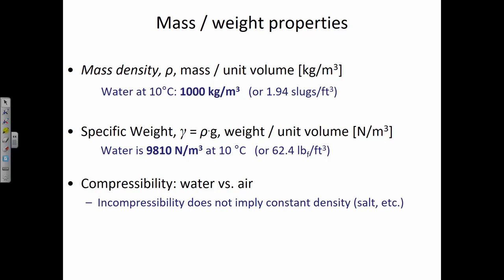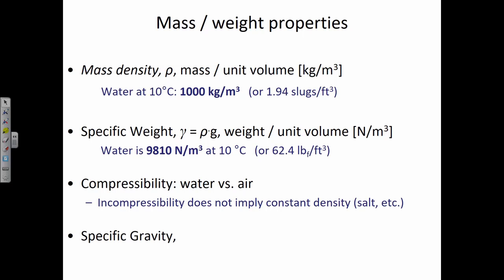We can dissolve things into water, and then that changes its density by increasing the mass that's in a certain unit of volume. Salt water, for example, has a different density than water does because it's got added salts in there. And so salt water has a density, instead of 9810, of about 10,000, slightly higher than 10,000, typical seawater.